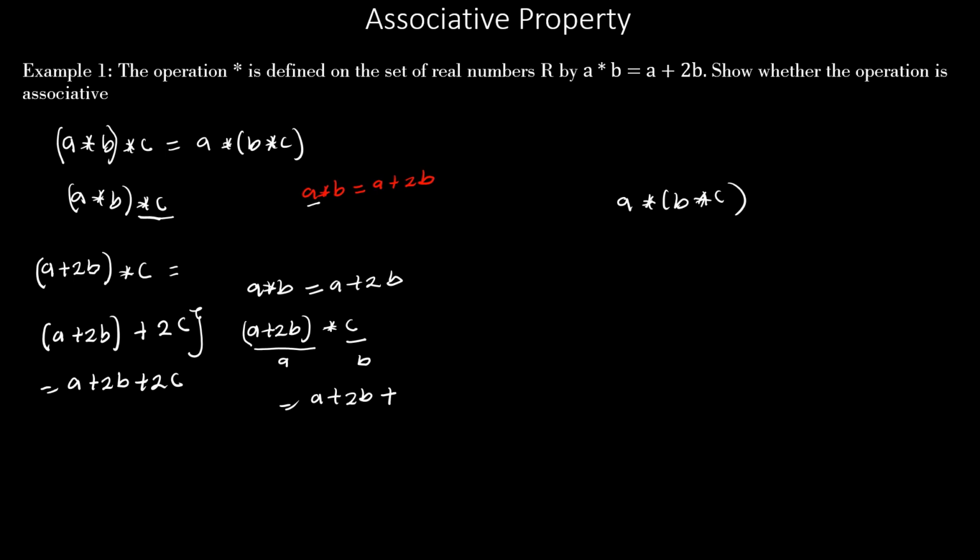Our B now is C, giving 2C. So that is why we have A + 2B + 2C.